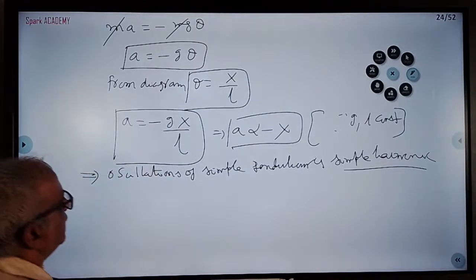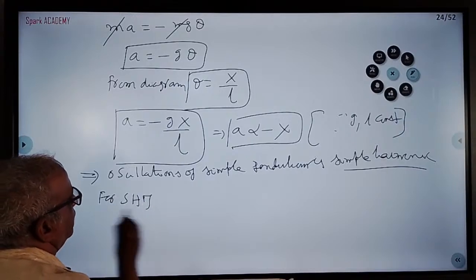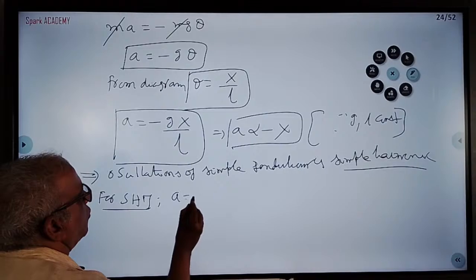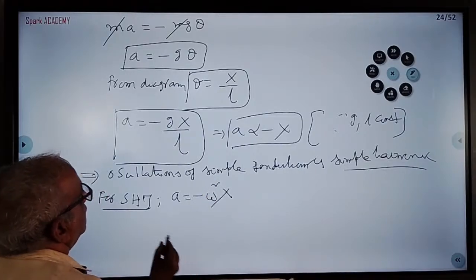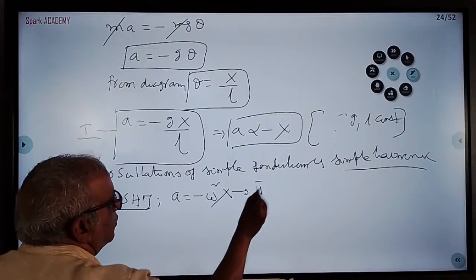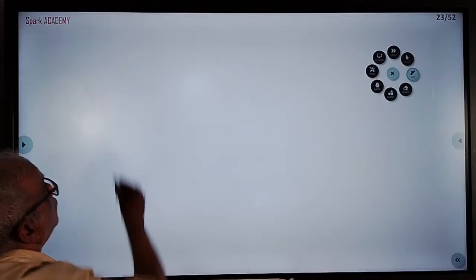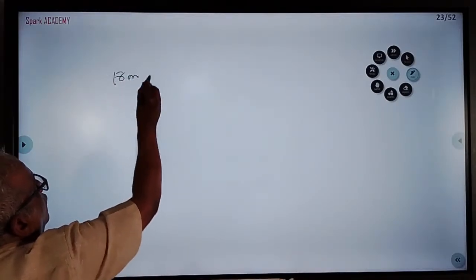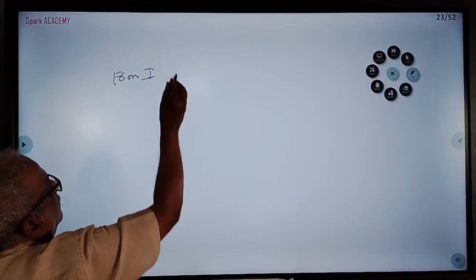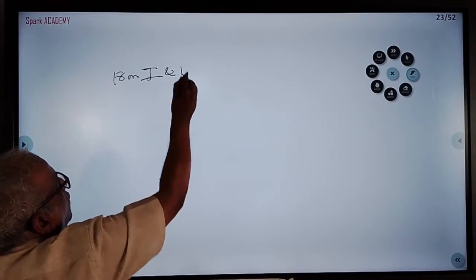After getting this answer, we know for SHM, simple harmonic motion, a is equal to minus omega square x. We will compare this, equation 1 and equation 2.